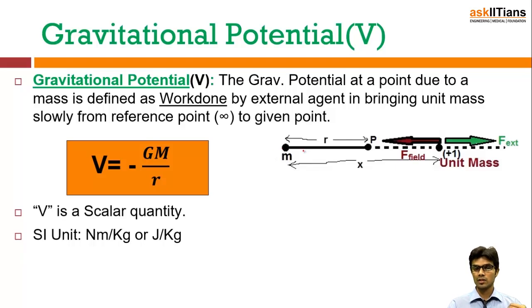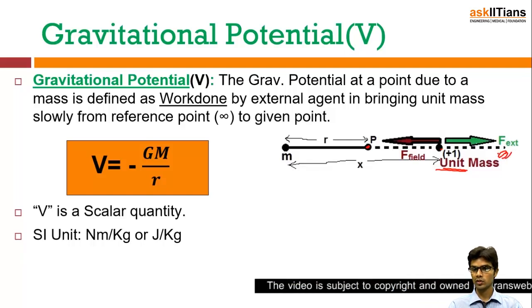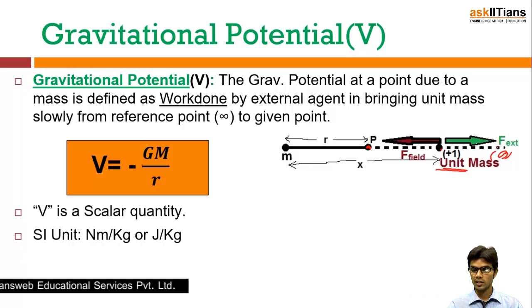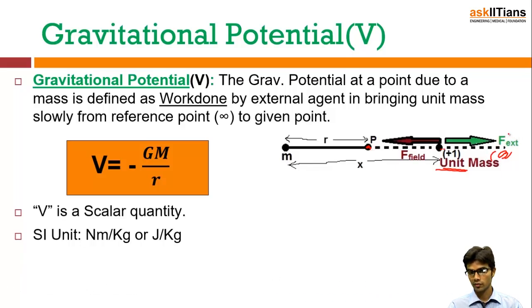Let us consider we have to define the gravitational potential at distance r, at point P. The work done by the external agent in bringing this unit mass from the reference point, or infinity, to the required point is called gravitational potential.